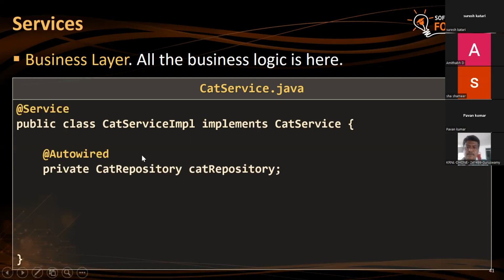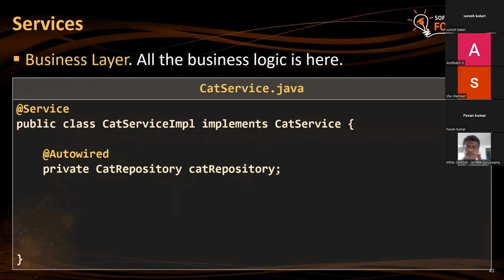This is the one which gets data from the repository, so I need to get the repository here. Just by using Autowired, the dependency injection is fulfilled here. I did not create any object here by using the new keyword. I just used Autowired. That's it. The container within Spring provides the object here.